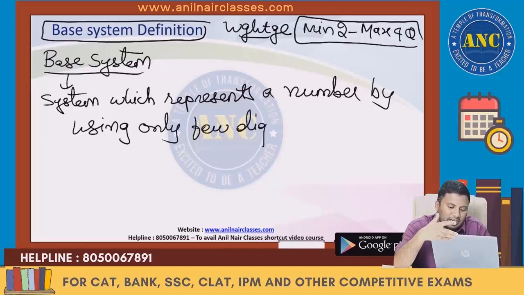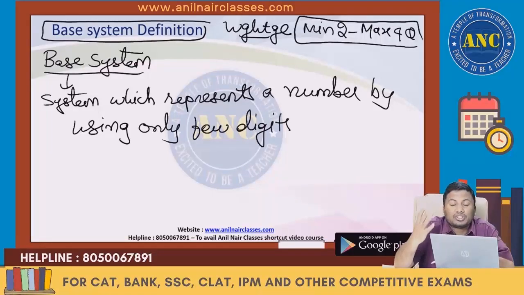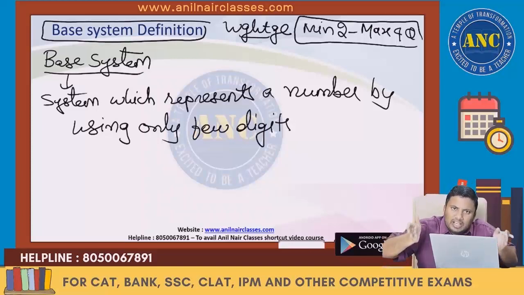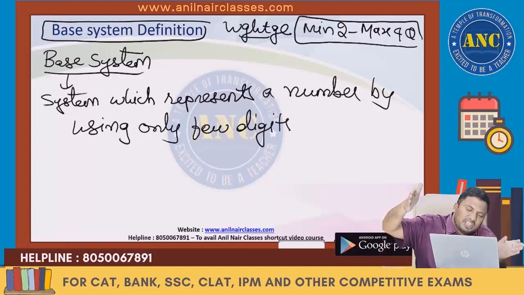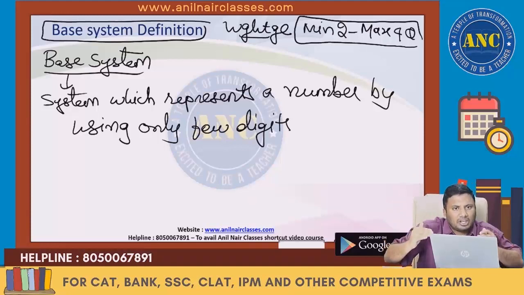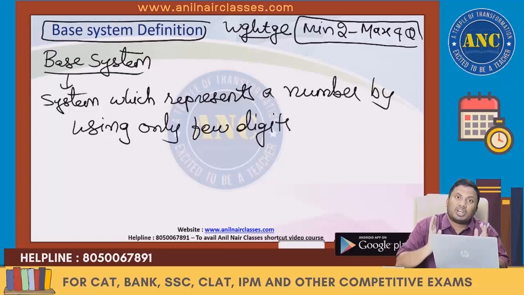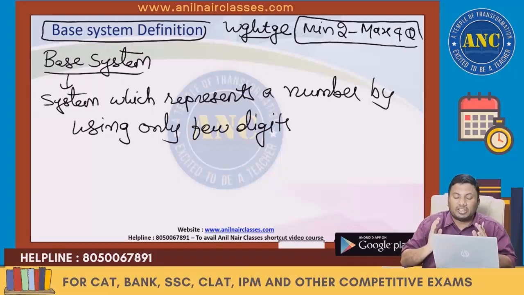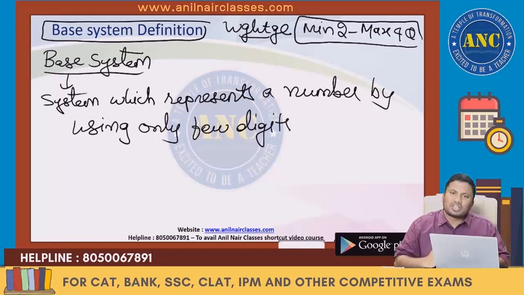If you represent a number by using few digits only, then that system is called a base system. In simpler language, it is a system which has some base attached to it. That base says use only from this digit to this digit, do not use any digit beyond this digit. If you are putting a restriction on a particular set of digits, then that system is called a base system.